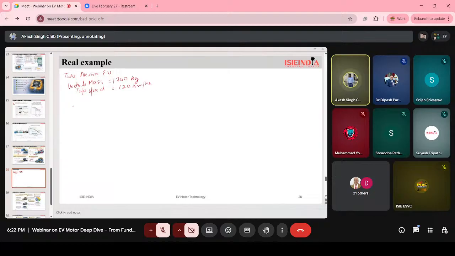Next is the starting acceleration. 0 to 60 kilometers per hour takes 4.5 seconds. Then we have to check the gradability also.